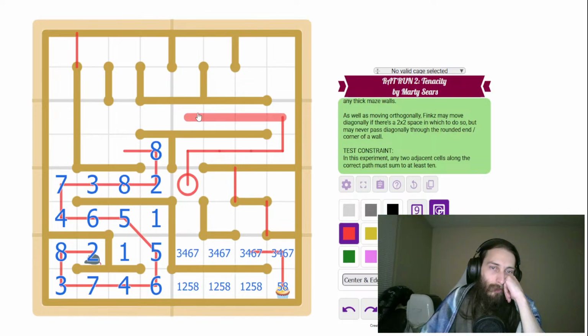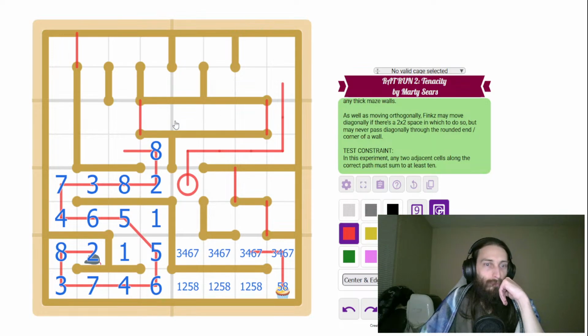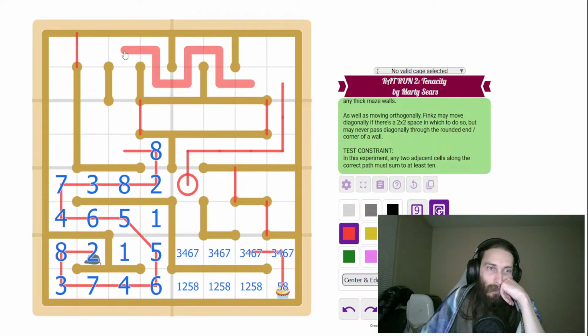Right, I can't go this way, because then I'd have to include a 1. So this wall is blocked off, and so we can go up to here. And if this wall is blocked off, then so is that one. And regardless of how this happens, I have to take this path.